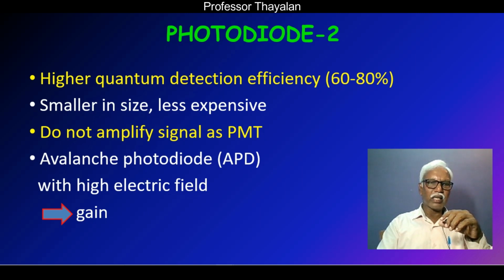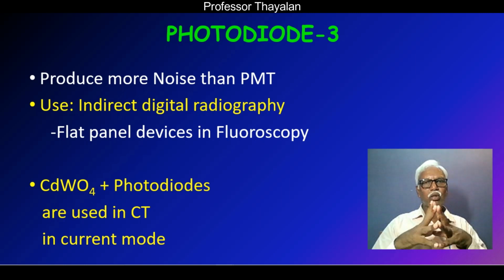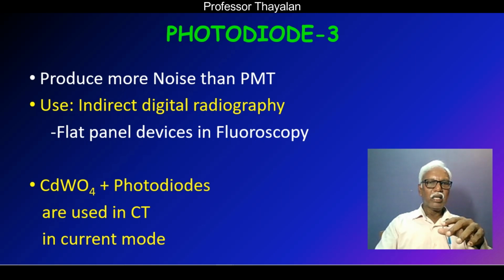That means it can amplify the signal if you use an APD. Photodiodes produce more noise than PMT. Photodiodes are used in indirect digital radiography and flat panel devices in fluoroscopy. Cadmium tungstate with photodiodes is used in CT in current mode.